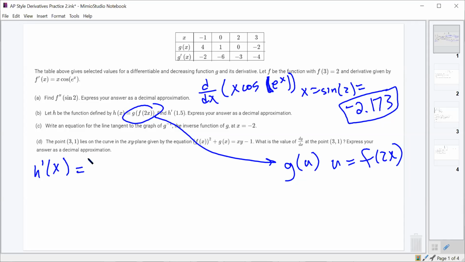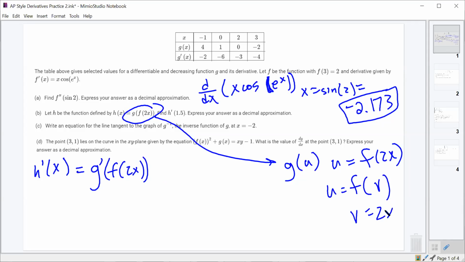So the derivative of g of u will be g prime of u, so g prime of f of 2x, times the derivative of f of 2x. And so if we wanted to write this as u equals f of v with v equal to 2x, we could. The derivative of f of v should be f prime of v, or f prime of 2x, and then all times 2. Everybody good that that's the derivative of h?